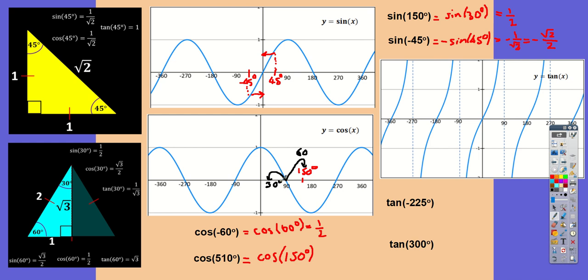But by doing that, I've changed sign because I've gone from the negative values of cos down here to the positive ones over there. So what I'm going to write down, cos of 150 is negative cos of 30. And then that's negative, and what's cos of 30? It's root 3 over 2.